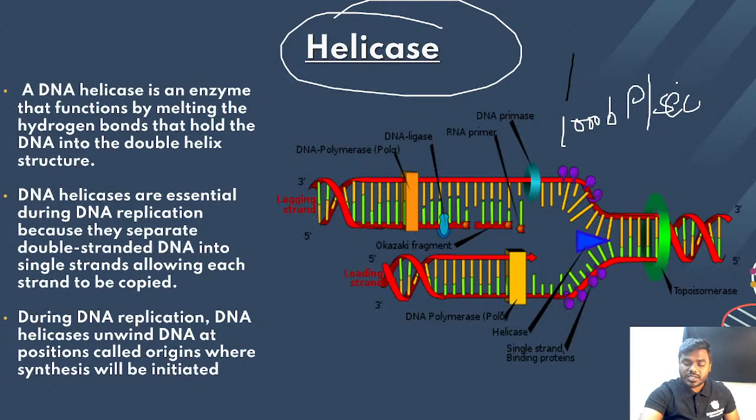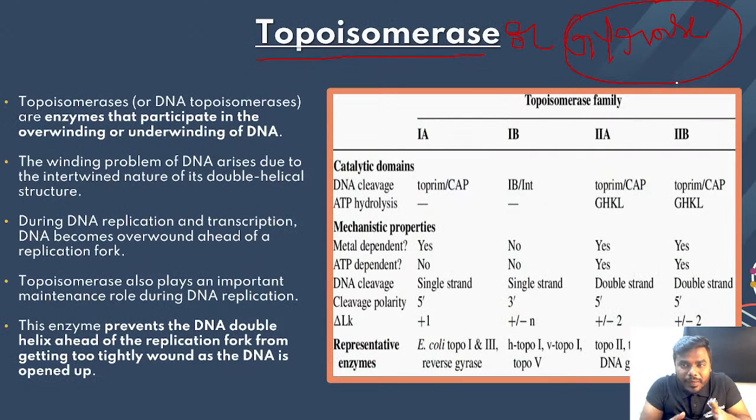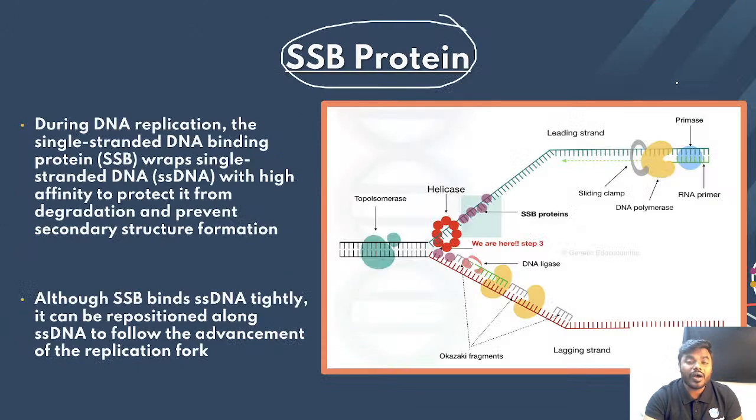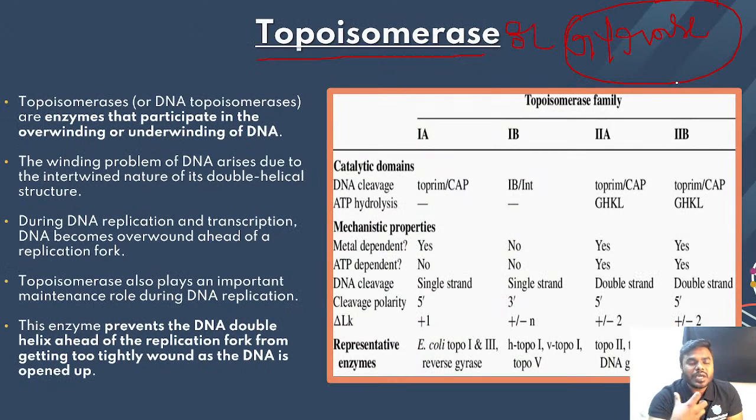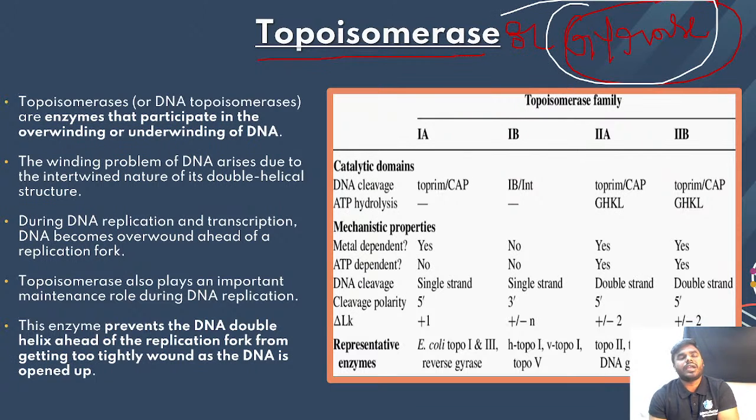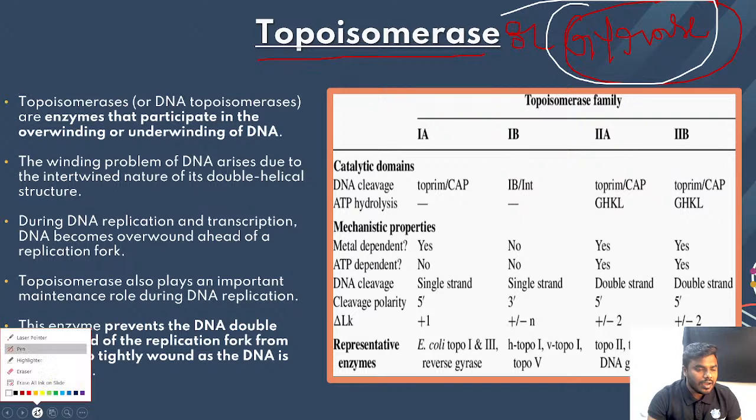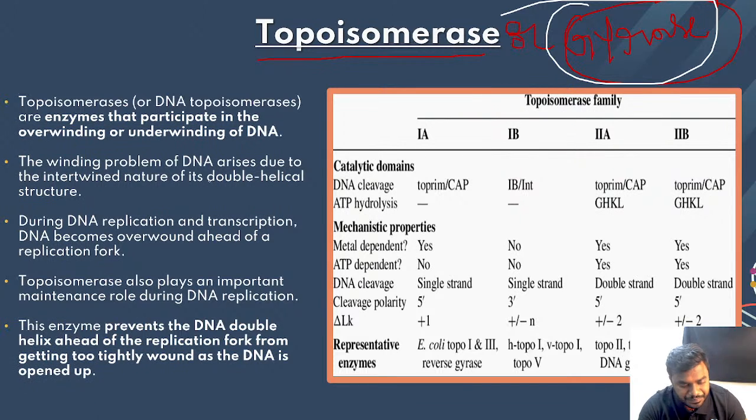Since helicase is moving very fast, it may create tension, a pressure on the DNA. Because of that pressure, the DNA undergoes coiling. To remove that coiling, an important enzyme is involved, which we call topoisomerase enzyme or gyrase enzyme.